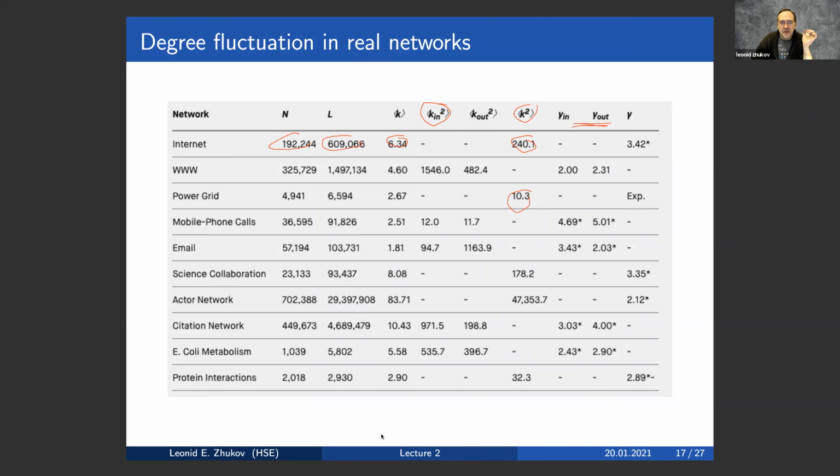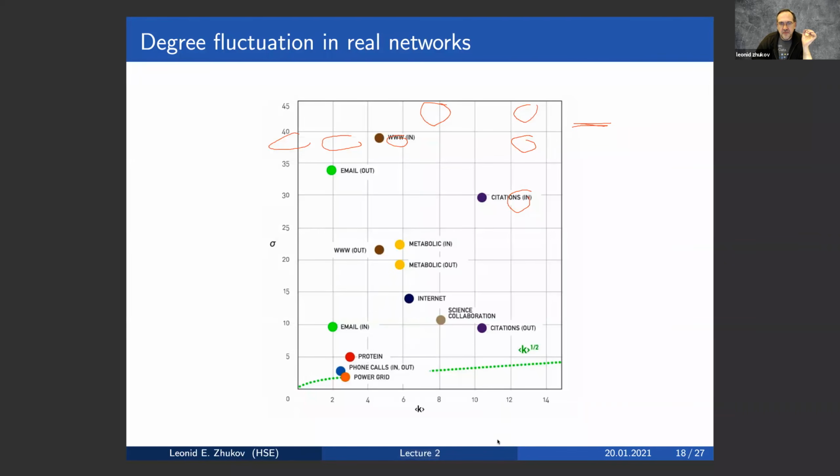It's probably worth looking at this on this picture. So what I have here is, on the x-axis, node degree, K, average node degree.